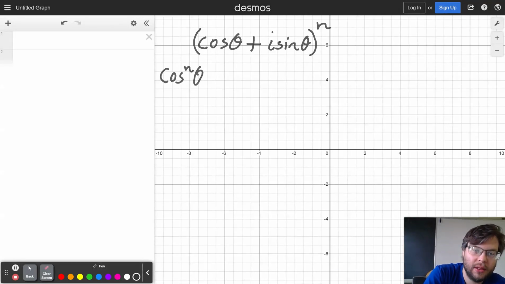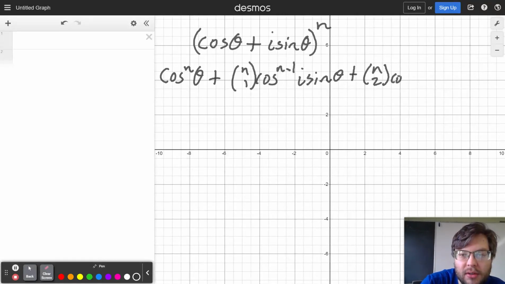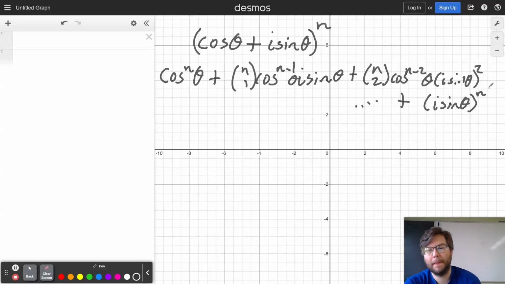What we end up with is cosine to the nth theta, plus n choose 1 cosine to the n minus 1 times i sine theta, plus n choose 2 cosine of n minus 2 of theta times i sine theta squared, etc., all the way up to i sine theta to the nth power.